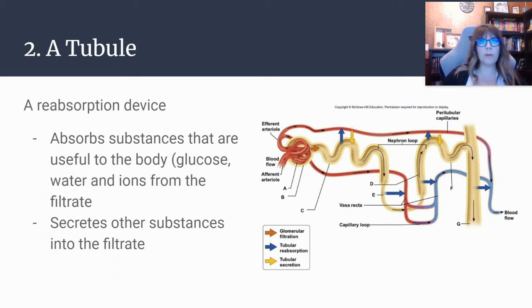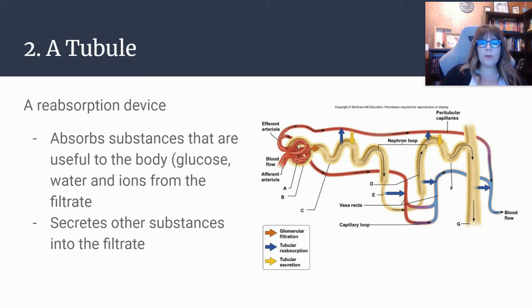But for now, we're going to talk about it as a reabsorption device, meaning it absorbs substances that are useful to the body. So when we are talking about the nephron, this yellow structure here, okay? Reabsorption means it's going to go back to the blood. So everywhere you see a blue arrow in this diagram, and we're going to do a diagram similar to this later, this is showing reabsorption back to the blood.